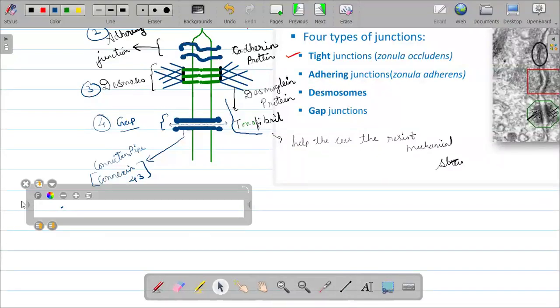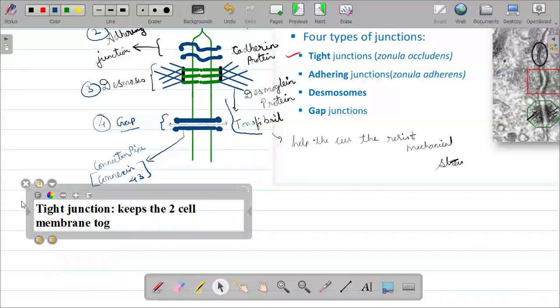When you go with tight junction, what happens is it keeps the two cell membranes together.